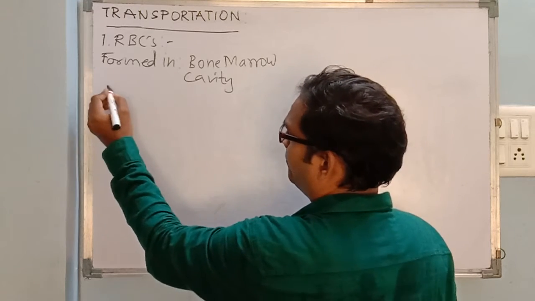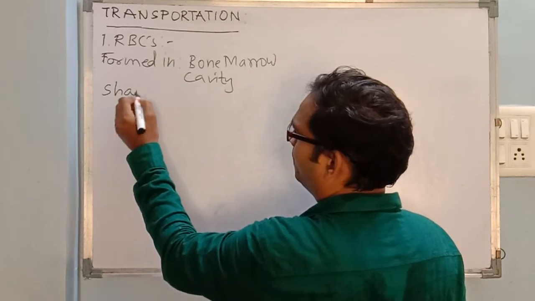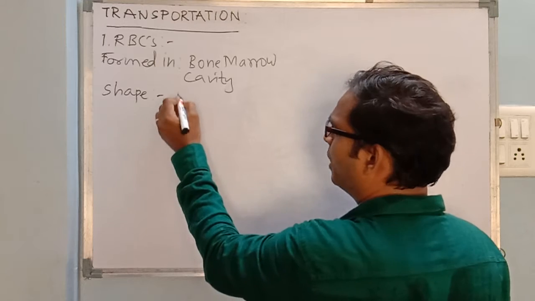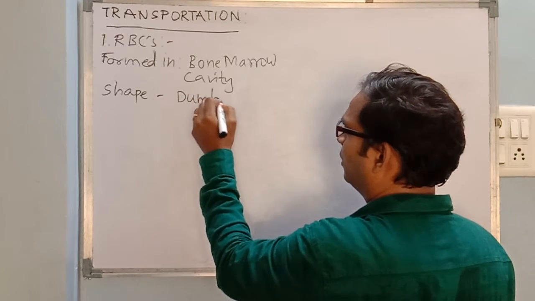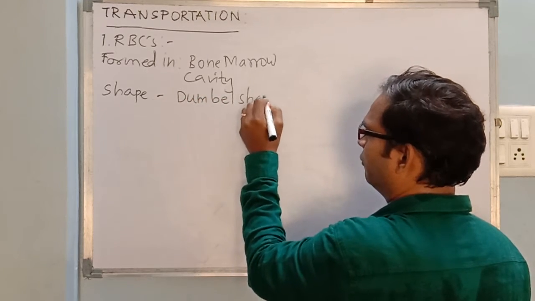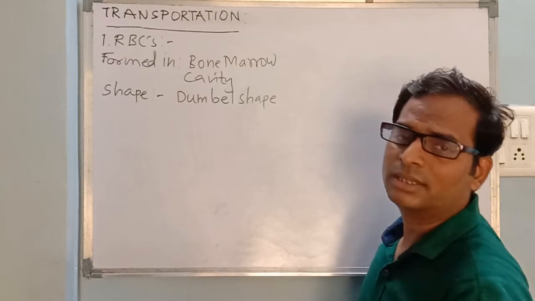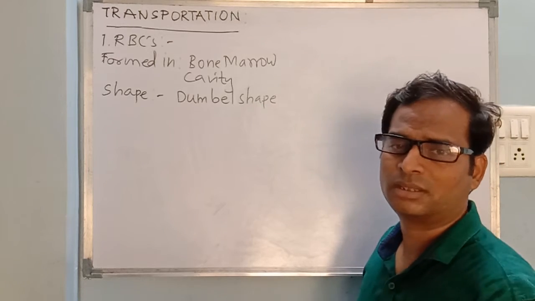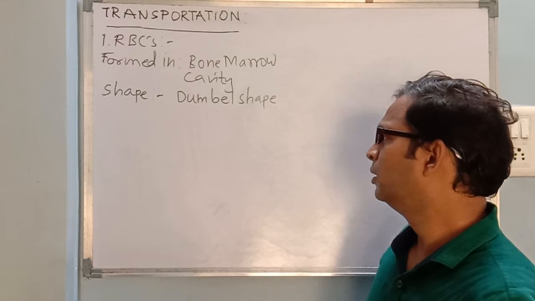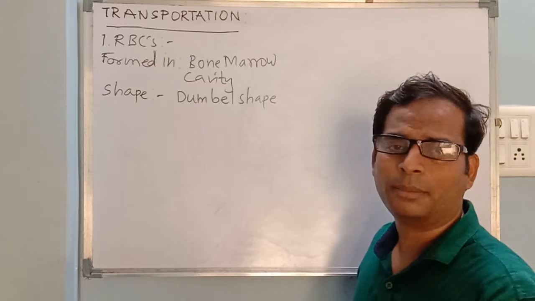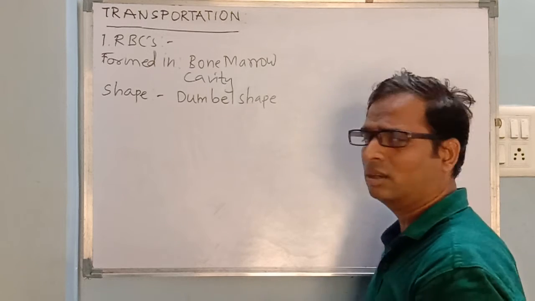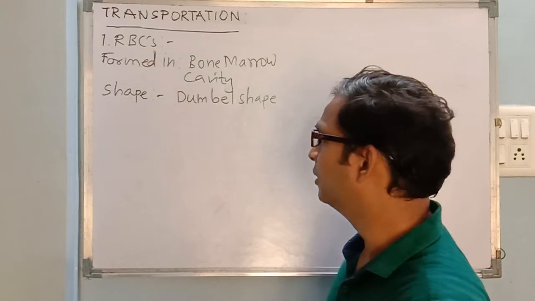Now these have got a definite shape. We all know they look dumbbell shaped, biconcave. So RBCs in mammals as well as birds look dumbbell shaped. They are biconcave, very small, about 7 micrometer in diameter.